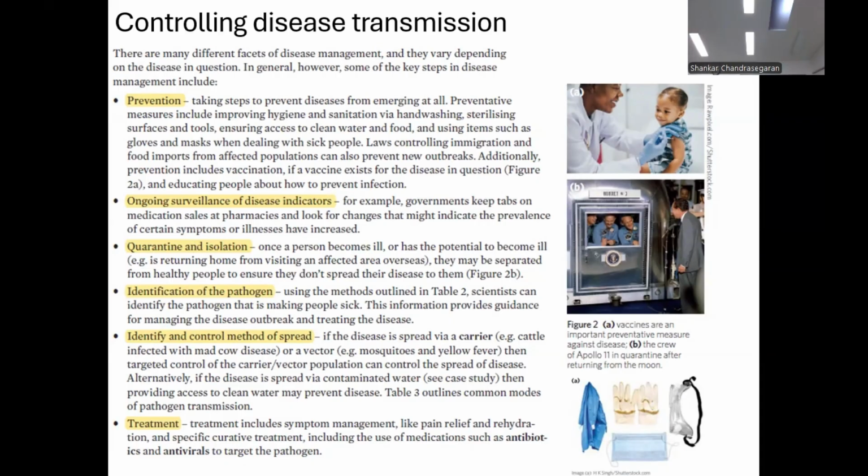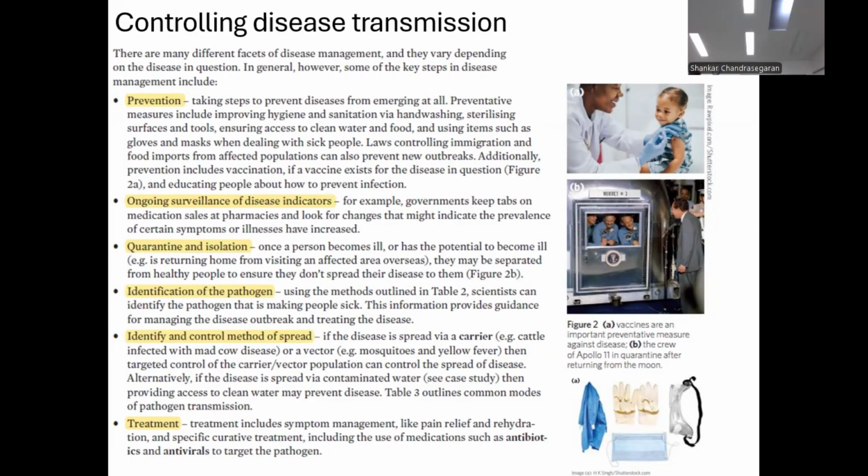For example, prevention, right? Taking steps to prevent the disease. Something as simple as getting vaccinated could help prevent the disease. But as I said, not everyone is going to do that because of different beliefs, different ideas. That allows the disease to still stay in the population. Prime example, measles.